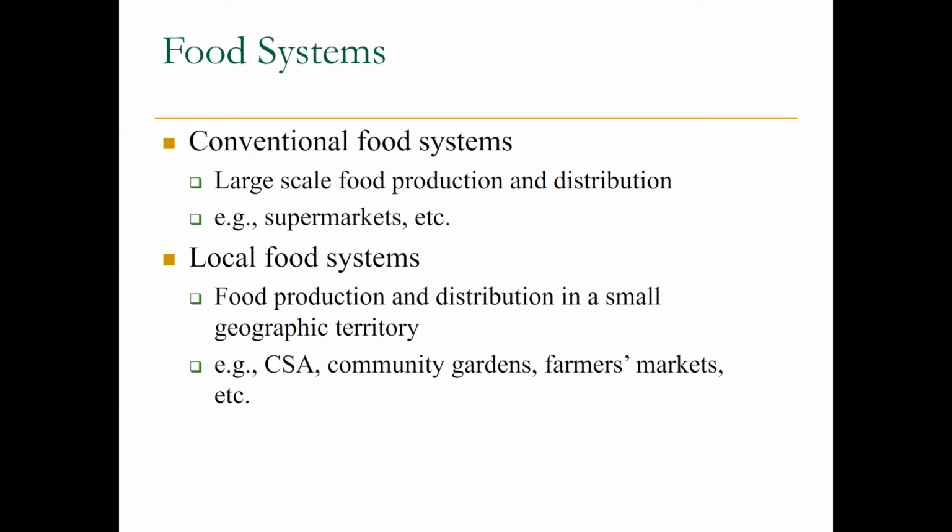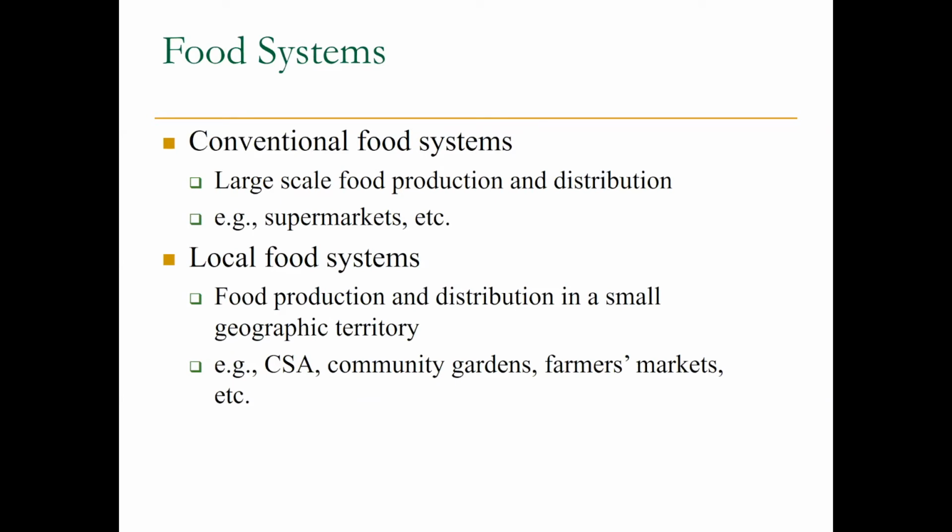So in terms of food systems, we have this conventional food system. That involves large scale food production, large scale food distribution. For instance, we see supermarkets, those belong to the conventional food systems. This is actually the major player in the entire food system because it accounts for the majority of food production, distribution and consumption.